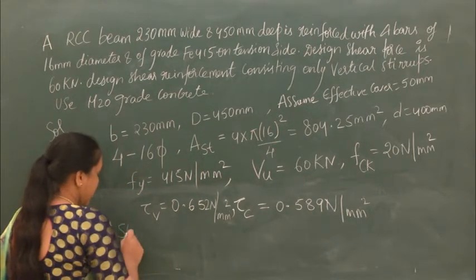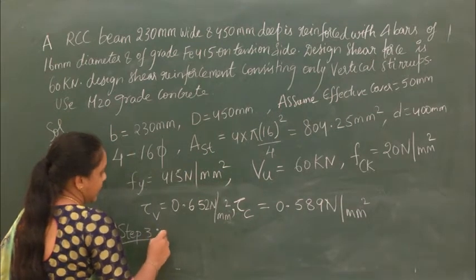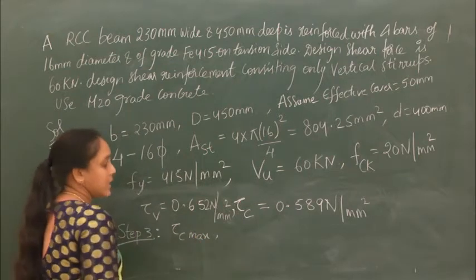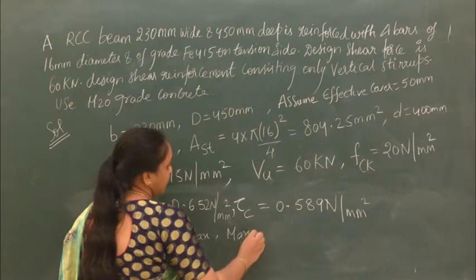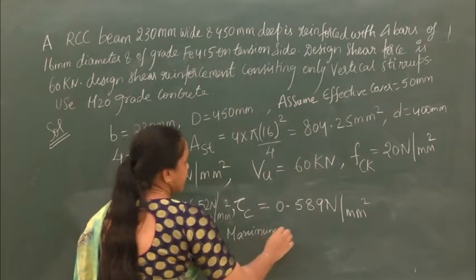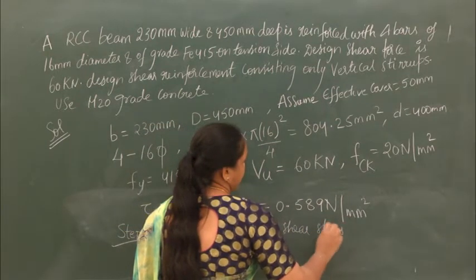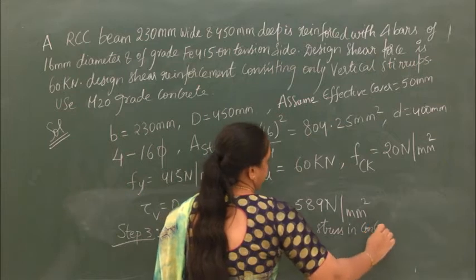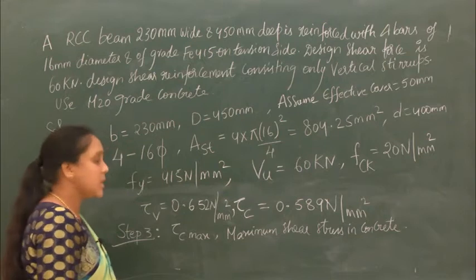Now the step 3 is to calculate the tau c max, that is the maximum shear stress in concrete.